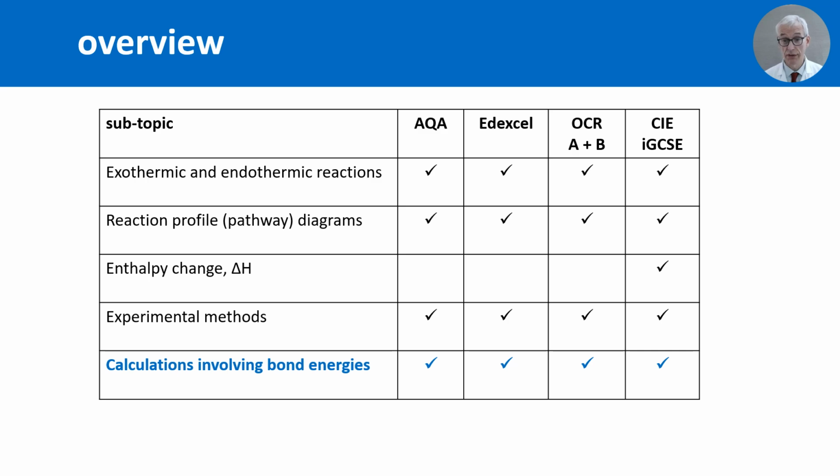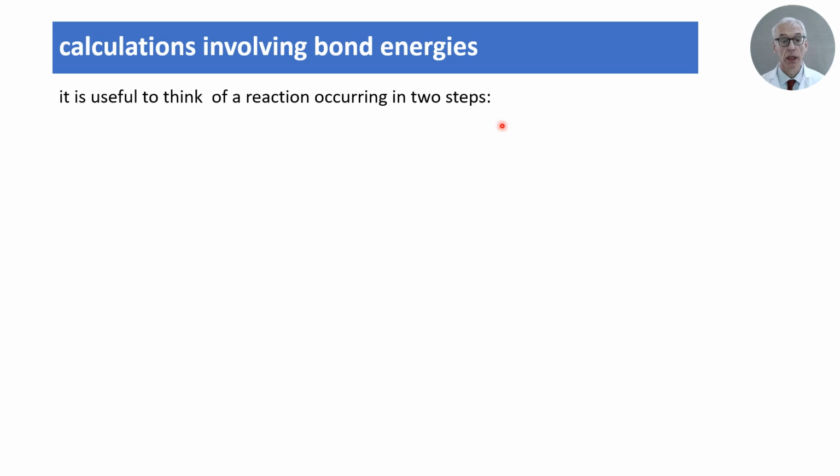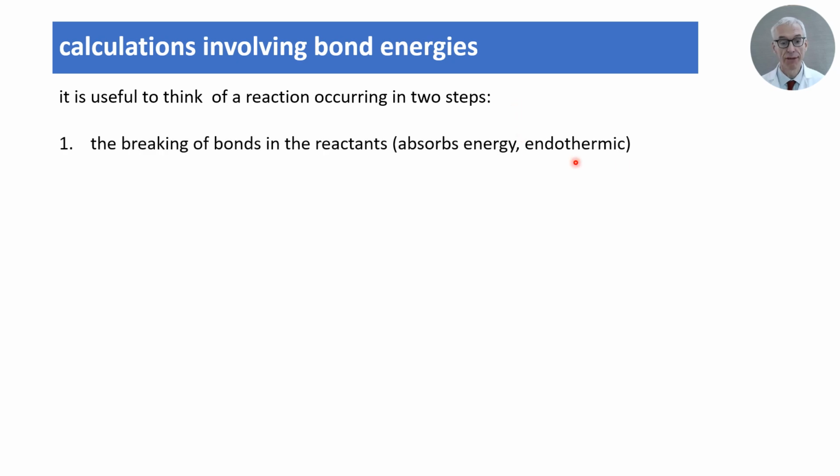Calculations involving bond energies. Calculations involving bond energies use the idea of a reaction occurring in two distinct steps. Firstly, the breaking of the bonds in the reactants.